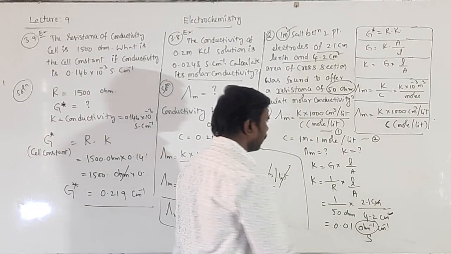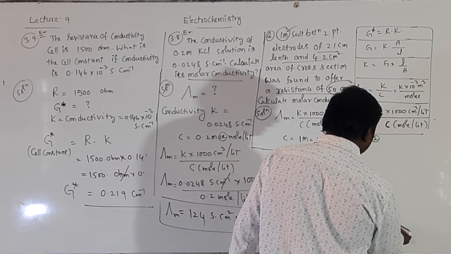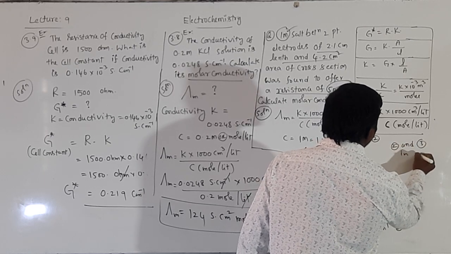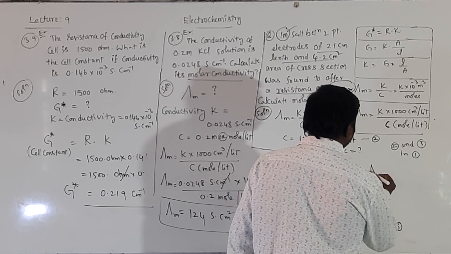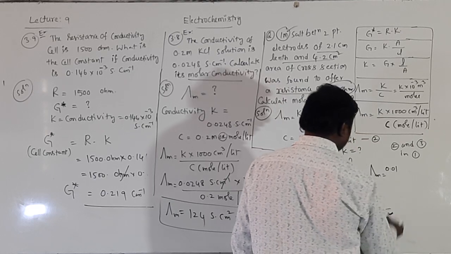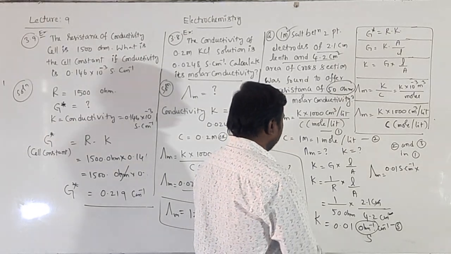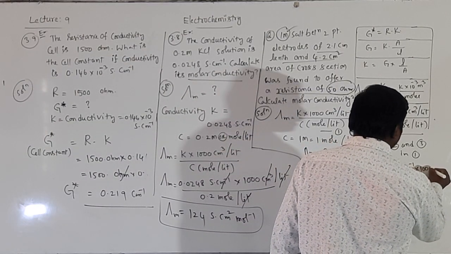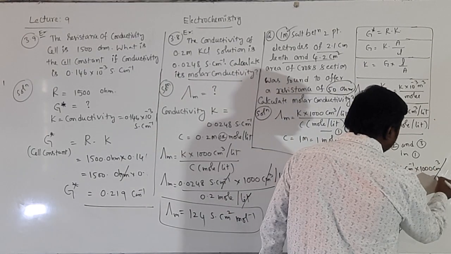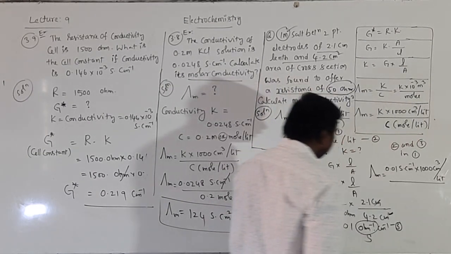Then K will be substituted in the formula. Lambda m is equal to K, 0.01 Siemens centimeter inverse, into 1000 centimeter cube per liter by concentration.